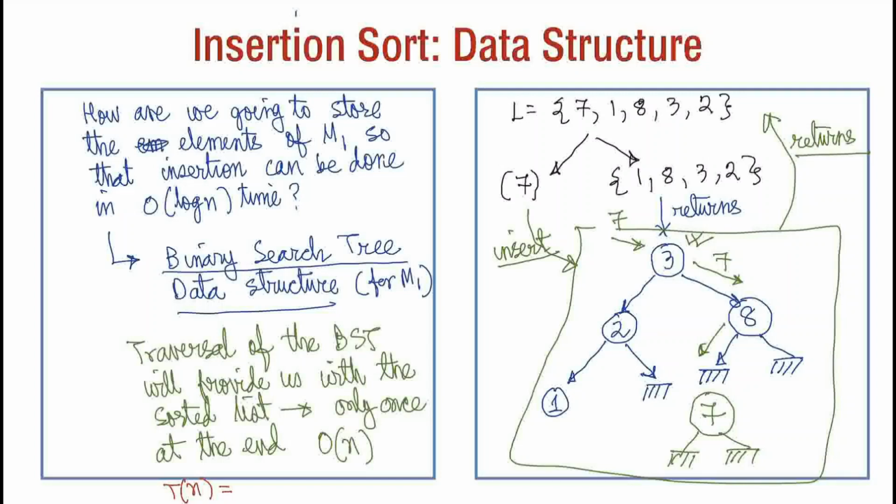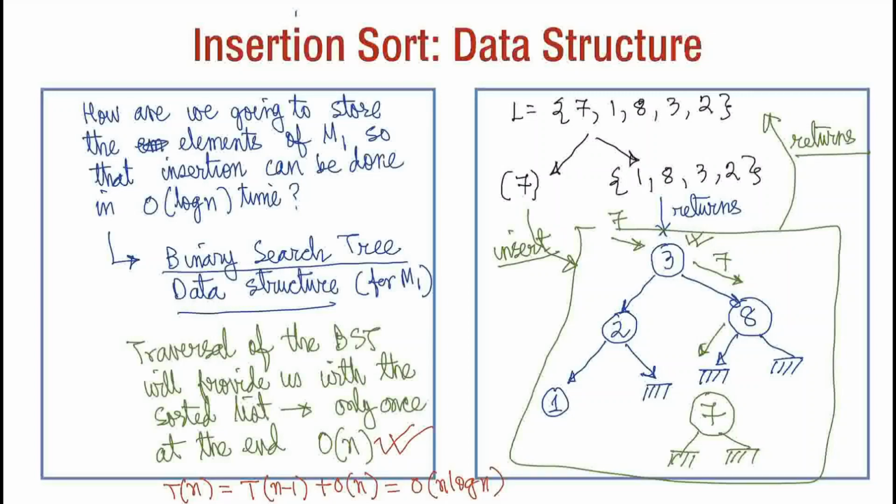So the recurrence will now become T(n) = T(n-1) + order log n, and this will lead to order n log n complexity. And we can add this final term here, but it will not add anything to this order n log n complexity.